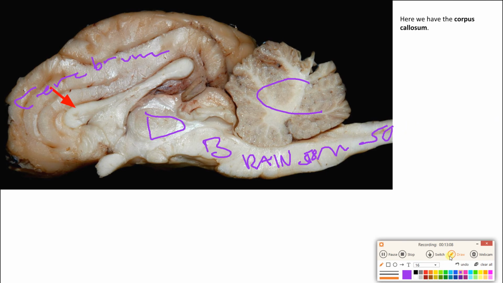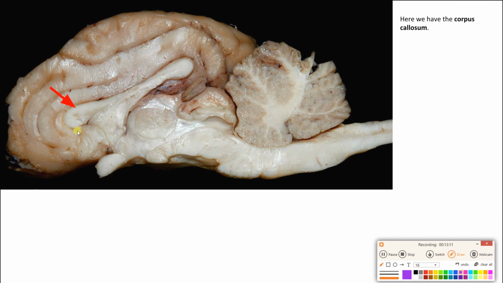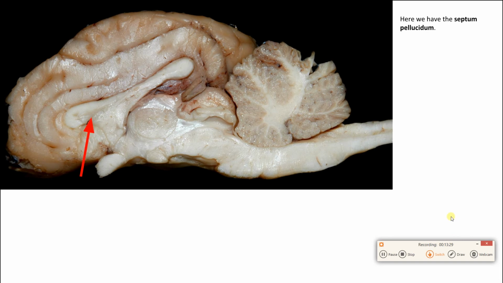All right, we are starting here by noticing the corpus callosum. This whole thing here is the corpus callosum, the white matter that connects the right and left cerebral hemispheres. Now, if we find that corpus callosum, we can very easily find this flimsy looking membrane right here.